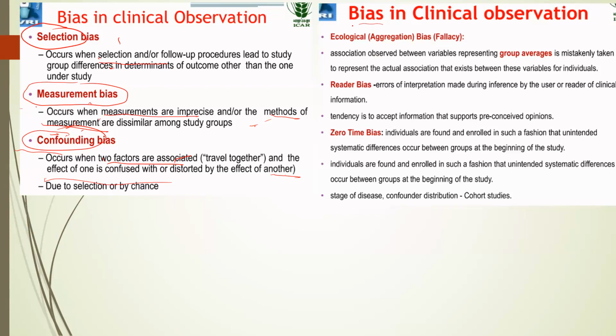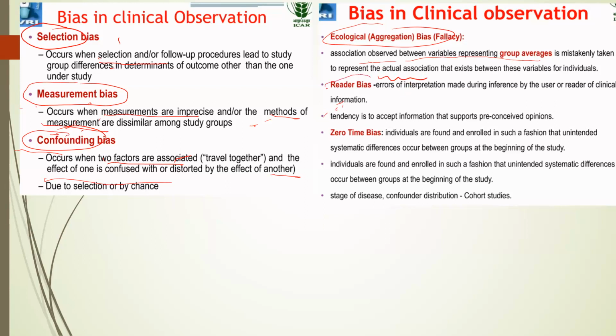Then you have ecological bias. Ecological bias is also called aggregation bias or fallacy bias. Now, an association is observed between variables that are representing group averages, and this is mistakenly taken to represent the actual association. So remember, it is actually a relative association, but it is assumed to be an actual one.